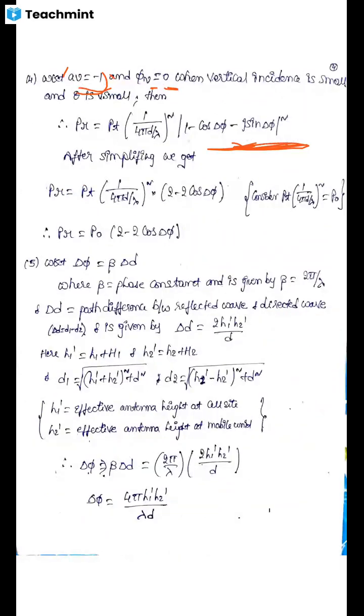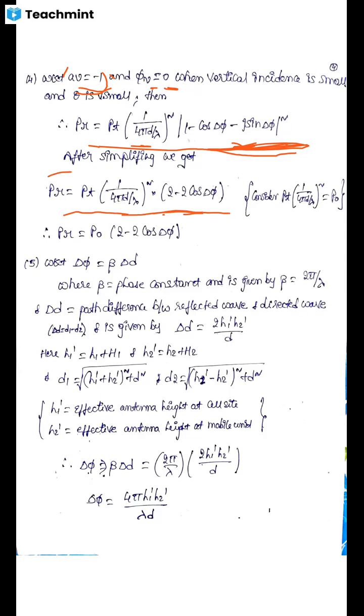Simplifying the above expression, same as how we had derived in the two-ray model, taking e power j theta is equal to cos theta plus j sin theta and substituting the values, I will get PR is equal to PT into (1 by 4 pi d by lambda) whole square, modulus of 1 minus cos del phi minus j sin del phi whole square. After simplifying this, I will get PR is equal to PT into (1 by 4 pi d by lambda) whole square into 2 minus 2 cos del phi.